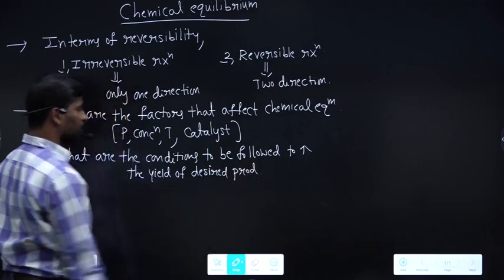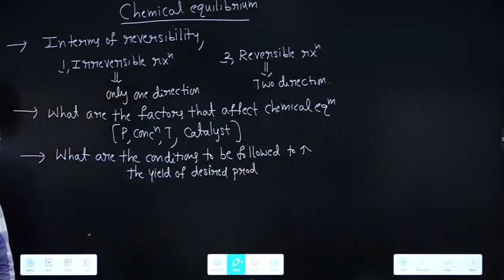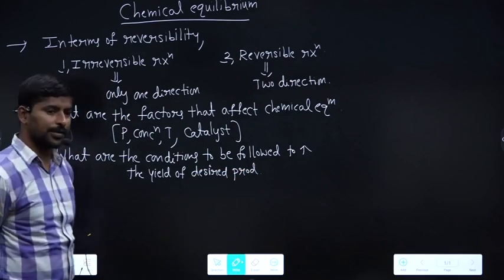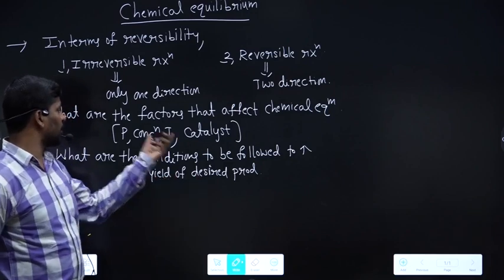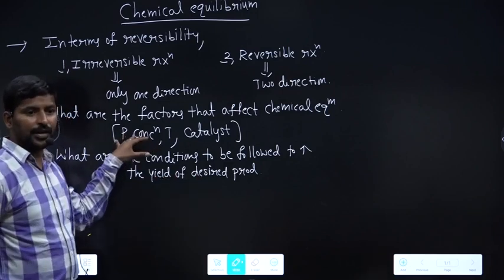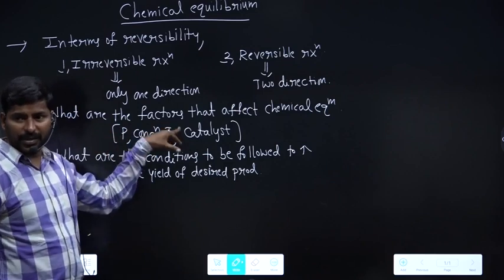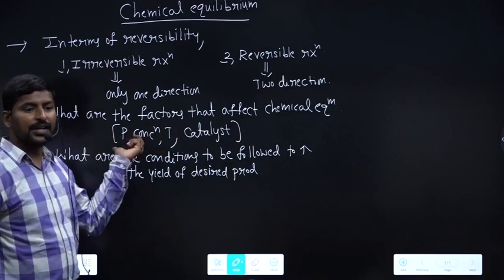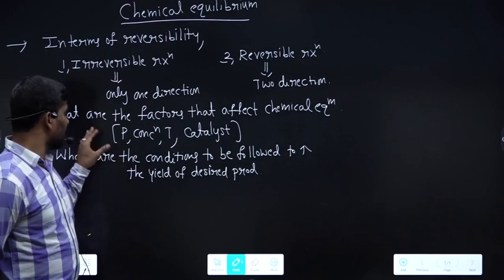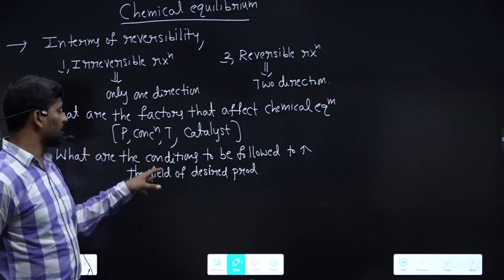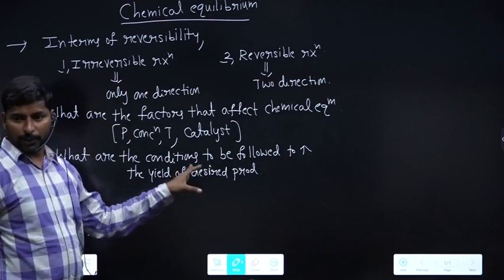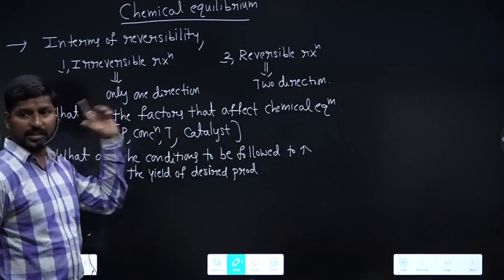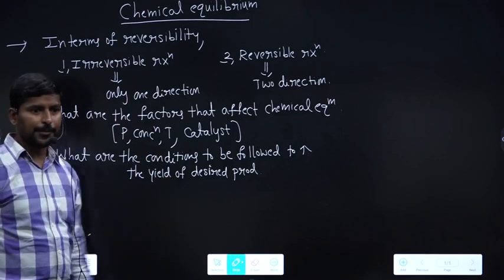To increase the percentage yield of desired product, whether we have to increase or decrease the pressure, increase or decrease the temperature, at which temperature and which pressure, under which conditions we get maximum yield of desired product, that also we can explain based on Le-Chatelier's principle.